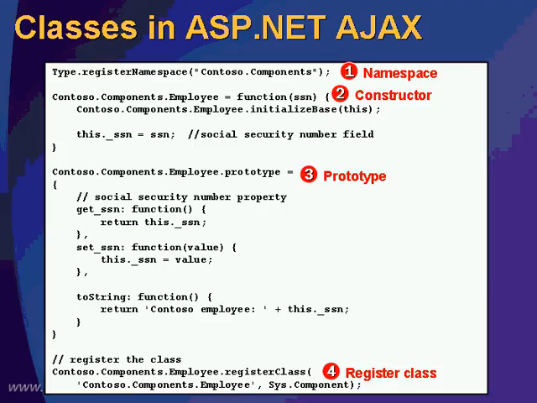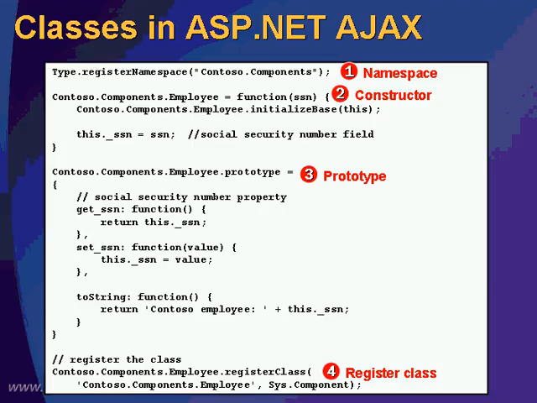Now down here, this is where we're setting that field that, for all intents and purposes, we're treating as private. So that's our constructor, just like we saw in JavaScript. Now, third thing is we create our prototype, just like in JavaScript. And inside of here, this is where we add our implementation, just exactly like you do it there. And then fourth, the major difference is we call registerClass.